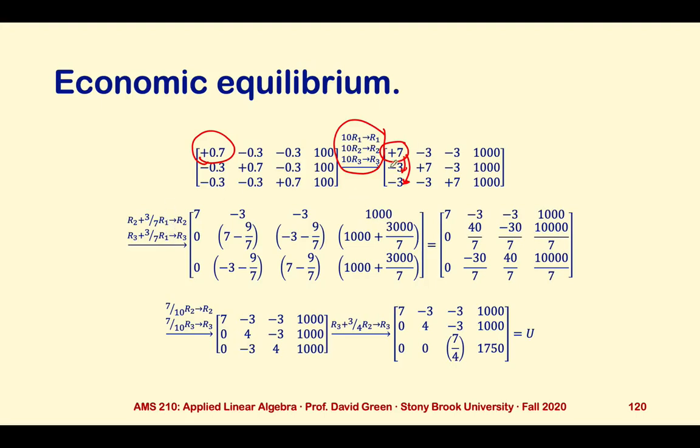In particular, to get rid of this negative 3, we have to add 3/7 of the first row to each of these. So the operation is going to be adding 3/7 of row 1 to each of row 2 and row 3.